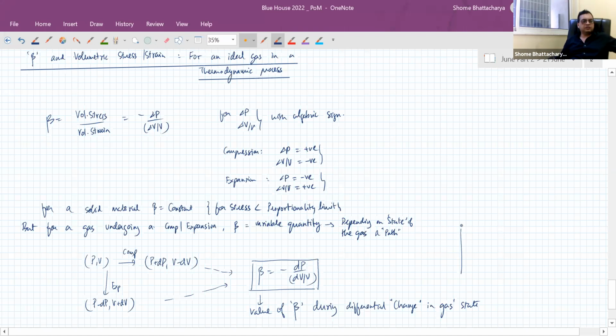So on the PV curve, let's say this is the general path along which the gas is going. So it's going from some state over here where it has pressure P, volume V, to something where the pressure is changing, the volume is changing.